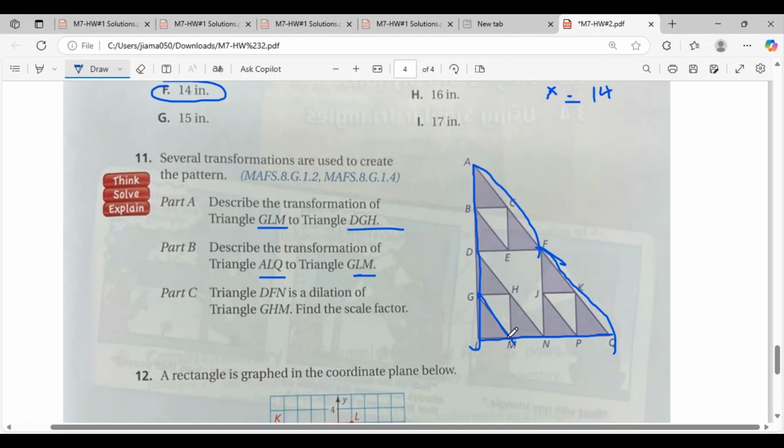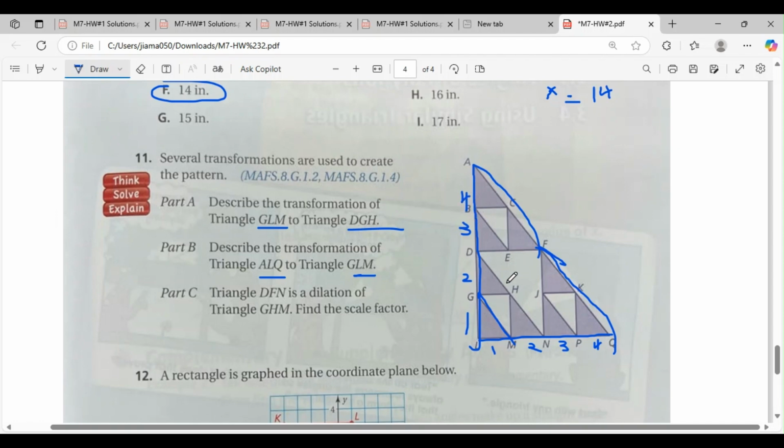Okay, so we can find that based on the figures, the side of the biggest triangle is four sides of the smallest triangle. Here is the first one, the second one, third, and the fourth. Okay, and this side is also one, two, three, four.